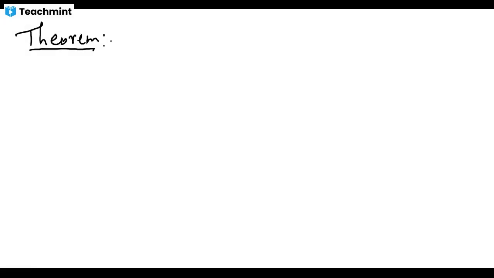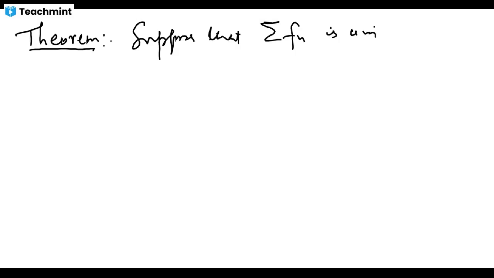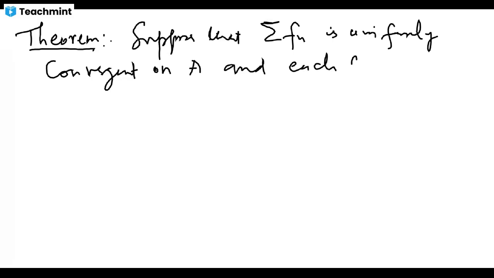Suppose that the series of functions f_n is uniformly convergent on some set A, and each f_n is continuous on A.